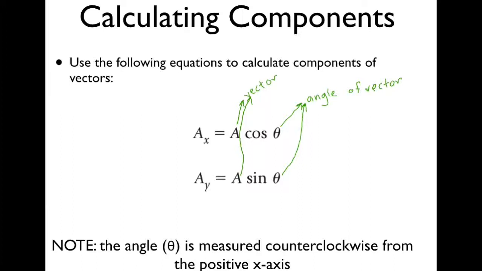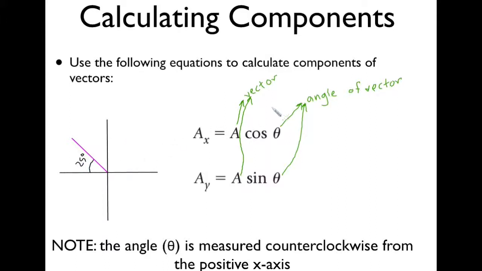When we're doing vectors, sometimes they'll give you something weird. This is your coordinate plane. Sometimes they'll say something like 25 degrees north of west. So then our angle would be, this is our 25 degrees.